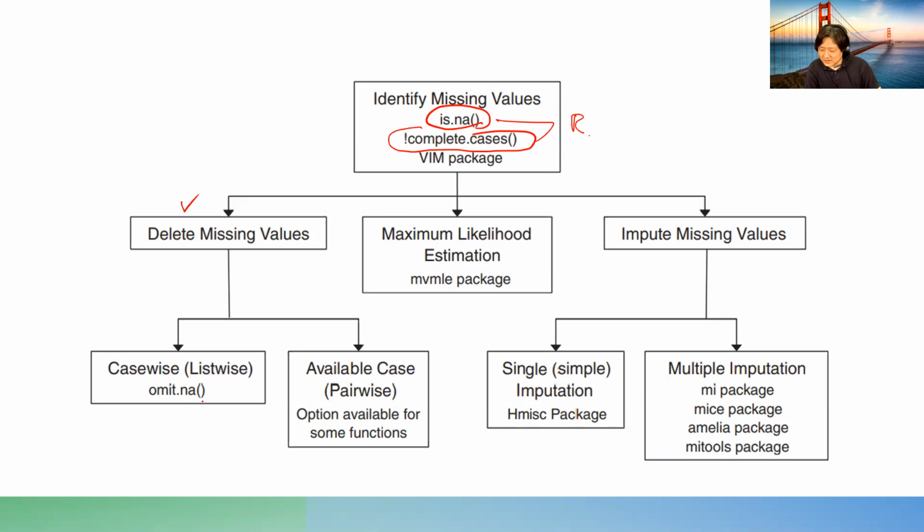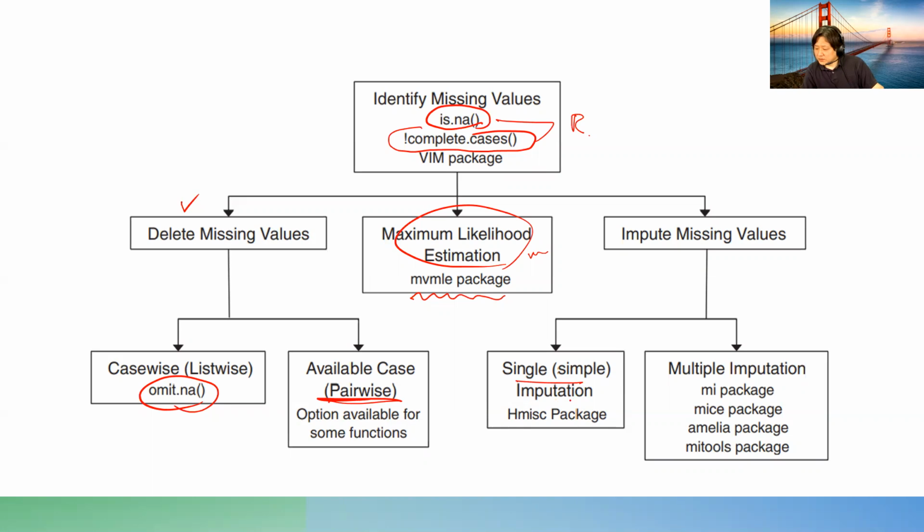So how can we delete? Use na.omit in R. Or if you run a correlation, it will be pairwise, right? And then also you can run maximum likelihood estimation. The lavaan package includes full information maximum likelihood estimation, but the mvmle package is for computing maximum likelihood for missing values.